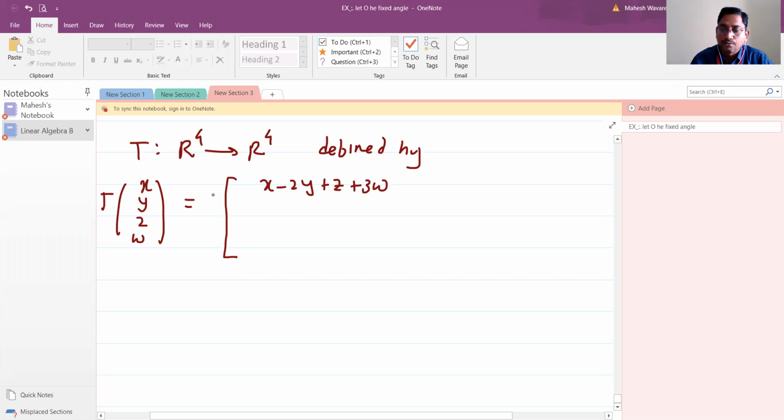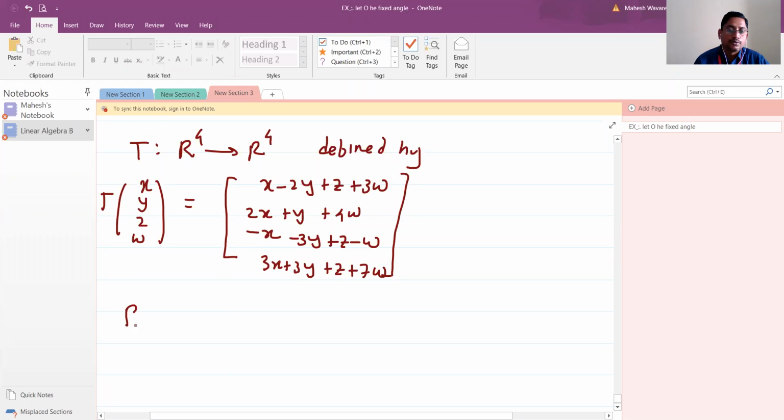The second element is 2X plus Y plus 4W, then minus X minus 3Y plus Z minus W. And the last row is 3X plus 3Y plus Z plus 7W.